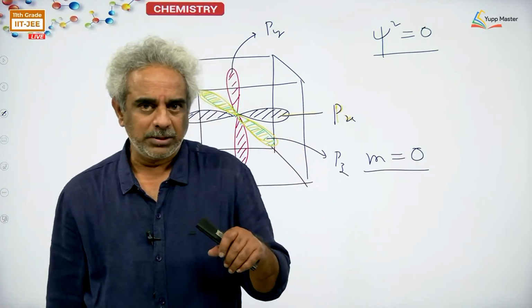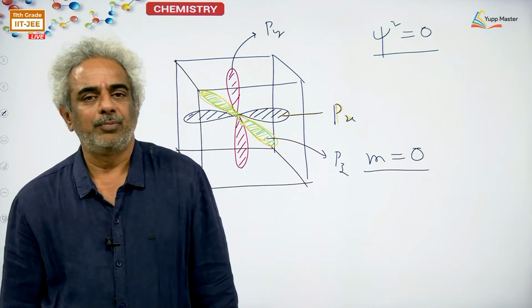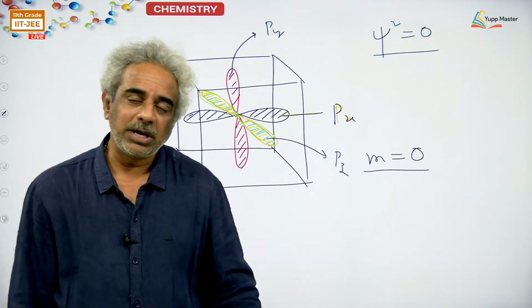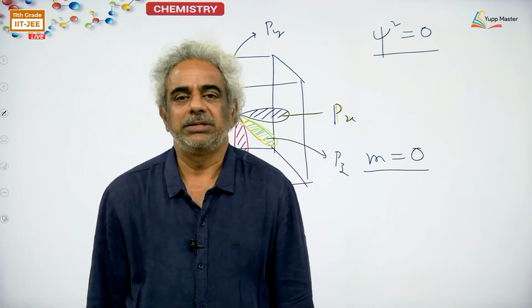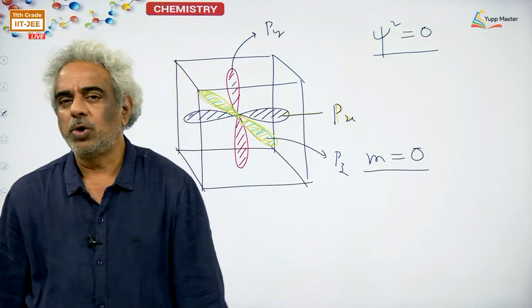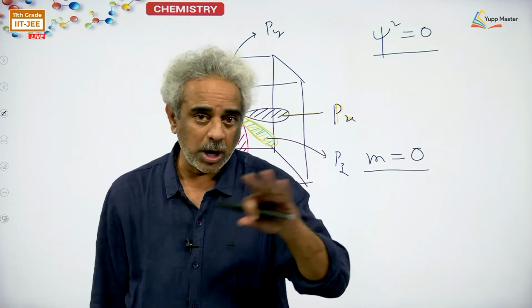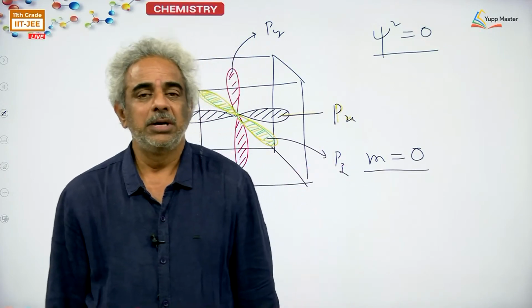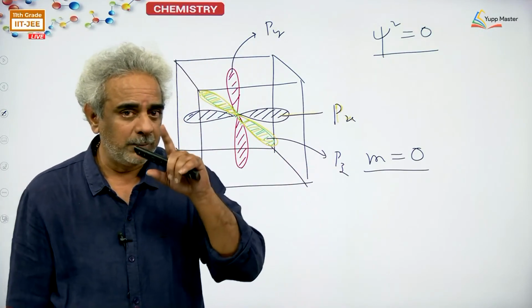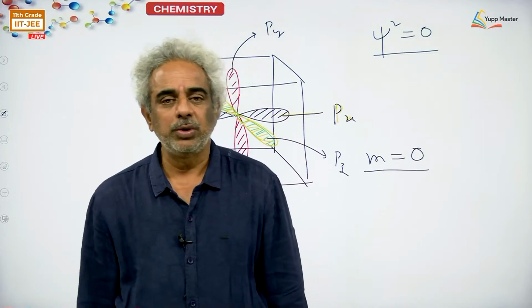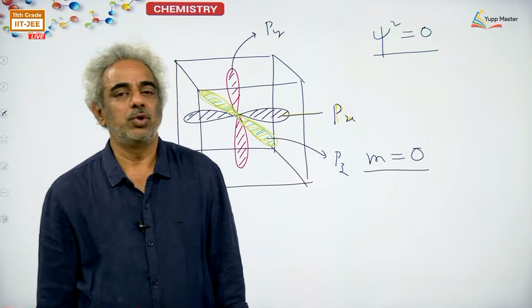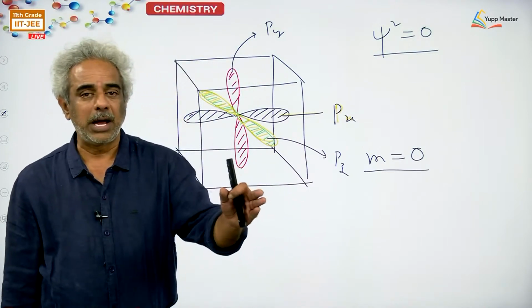Angular node means when at one particular theta value, the psi will become 0 for some cases. And the other day I showed you some wave equations. S orbital wave equations do not contain thetas and phis. There is no angle part for S wave function, 1s, 2s, 3s. Those wave functions do not contain angular part.